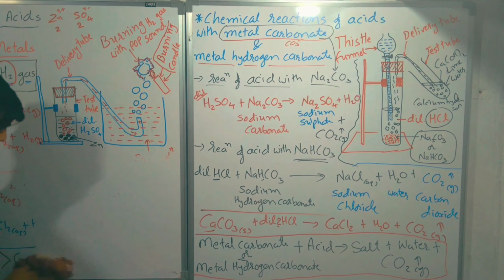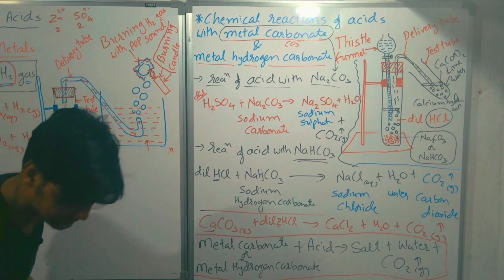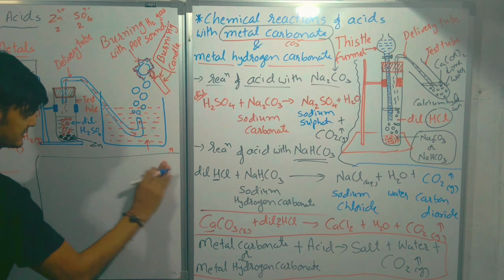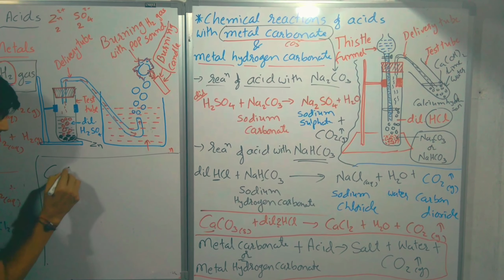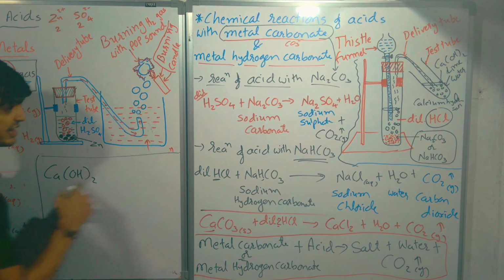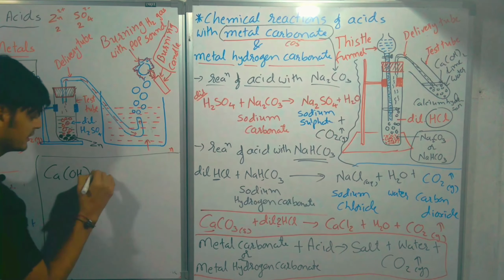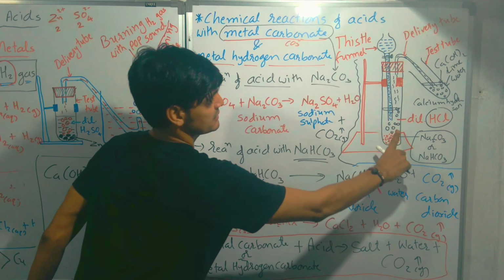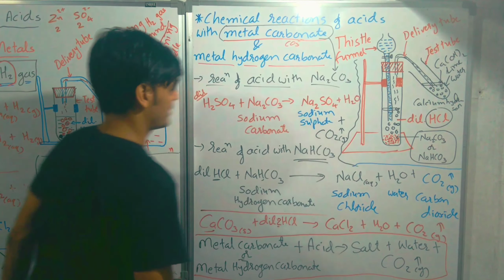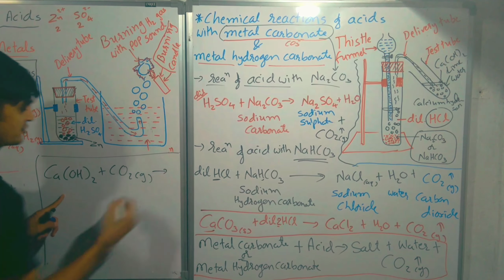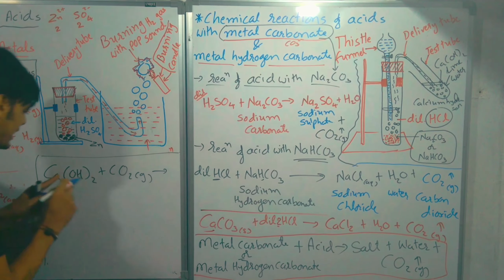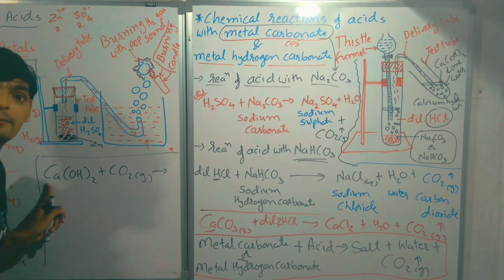In this small place I am explaining, this is calcium hydroxide, Ca(OH)2, lime water, plus CO2 gas passing from this delivery tube, and actually this carbon dioxide has acidic nature and this calcium hydroxide has basic nature.